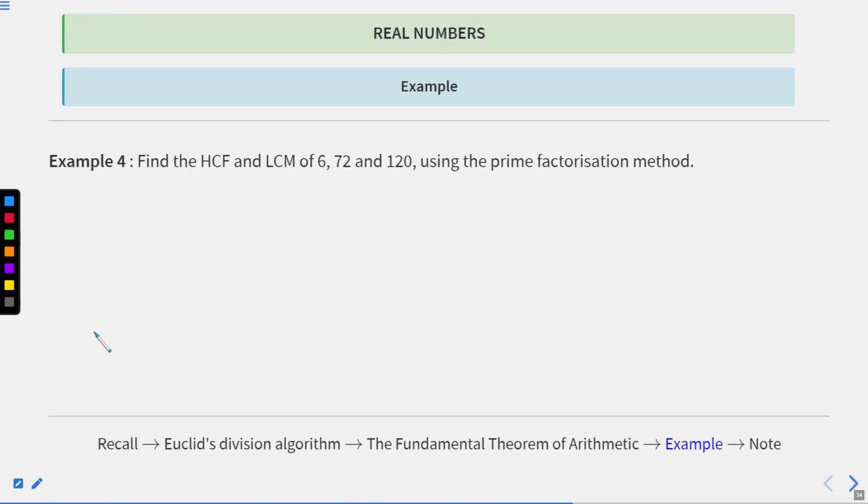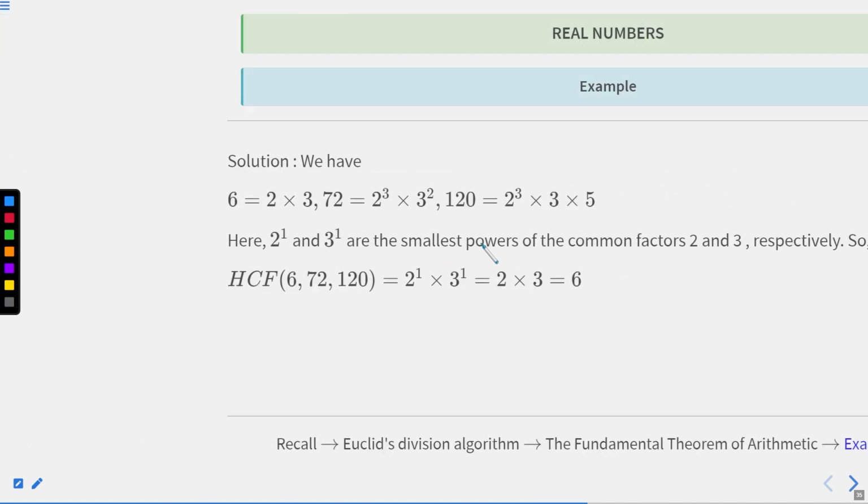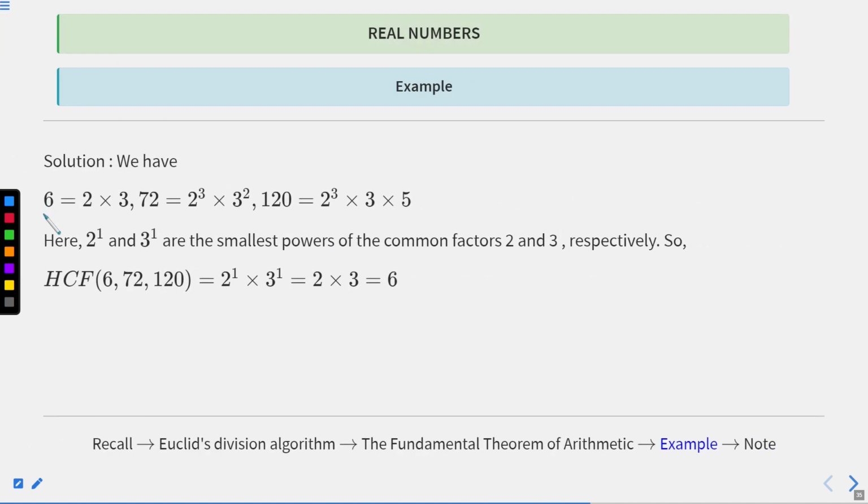Okay, next example: find the HCF and LCM of 6, 72 and 120 using the prime factorization method. First, the prime factorization of 6 is 2 into 3, the prime factorization of 72 is equal to 2 to the power 3 into 3 squared, and the prime factorization of 120 is equal to 2 to the power 3 into 3 into 5.